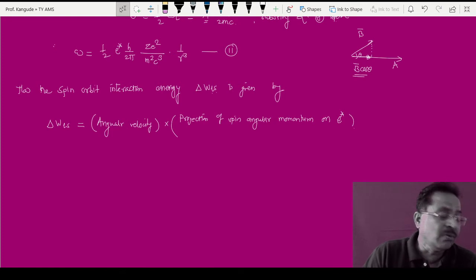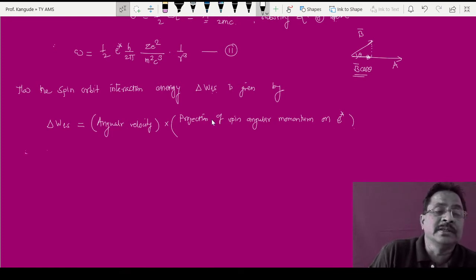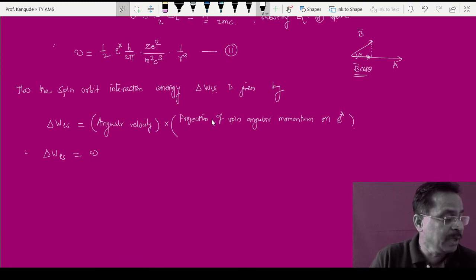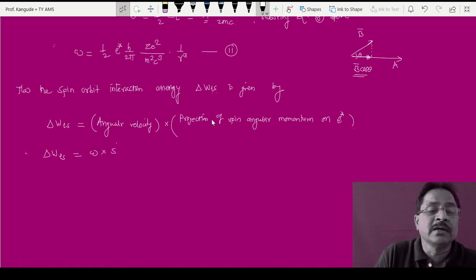Okay, and therefore here mathematically this delta WLS can be written as, now this is angular velocity omega, which we have written by equation number 11, into S star, projection of this S star over h upon twice pi.